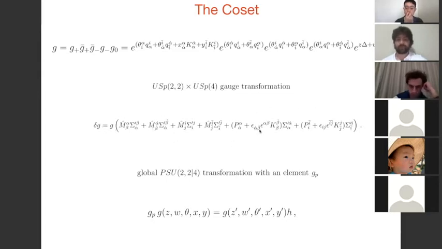You have this infinitesimal transformation. So these are the generators of the gauge group that was in the denominator. And then if you act with some global passive transformation on the coset, basically you get this way how these coordinates transform. So this is the coset I'm using.